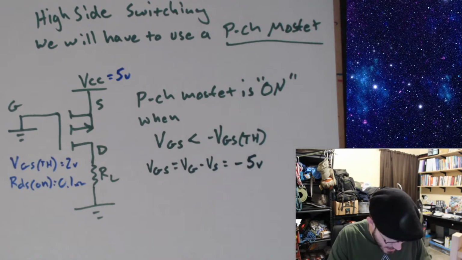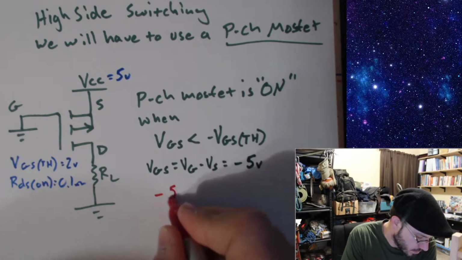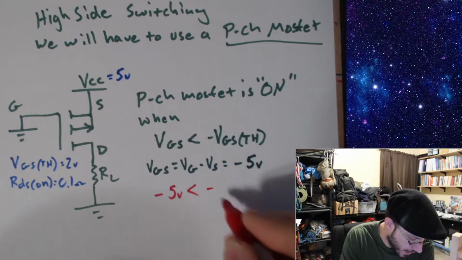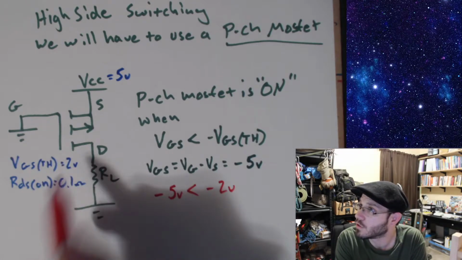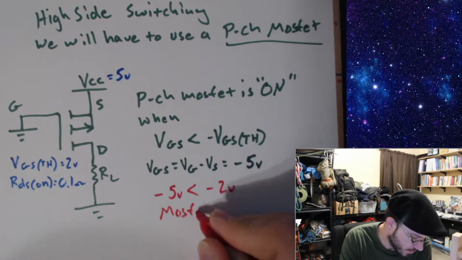And now you can see minus 5 volts is less than minus 2 volts for our gate source threshold voltage. So the MOSFET is on.